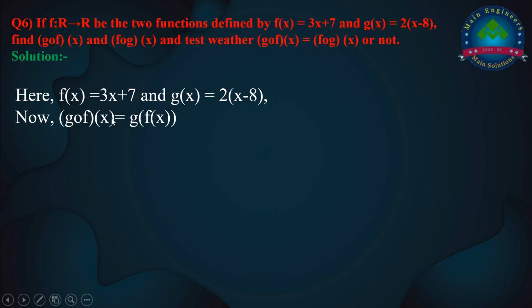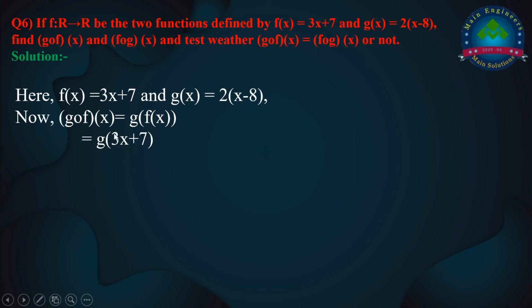Now GOF(x) is equal to, we can write g of f(x), that is g of whatever the function of x we have to write here. So g of 3x plus 7. So g(x) is equal to this much. So we have to replace this x by 3x plus 7 in this equation.